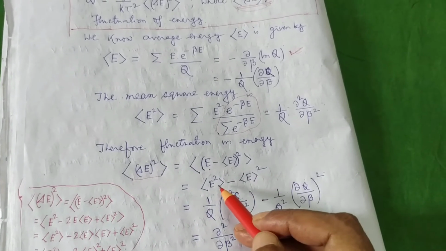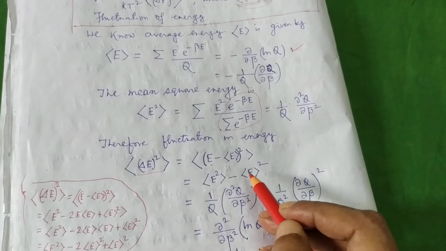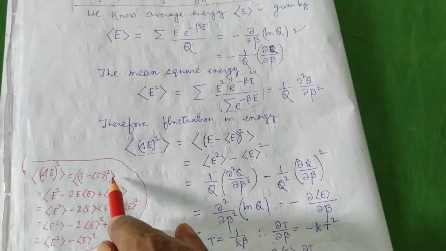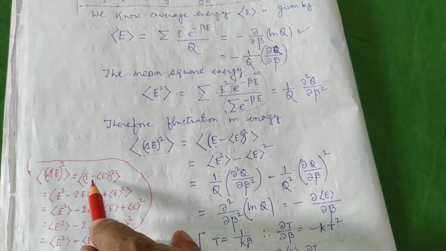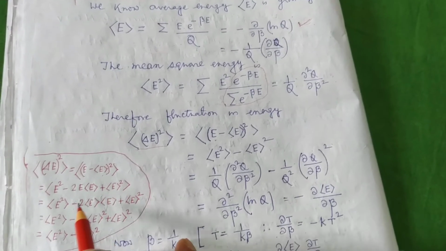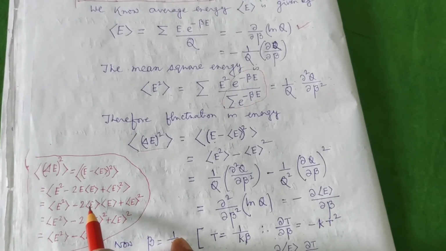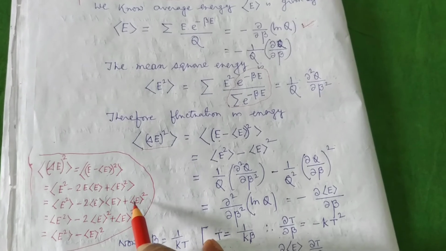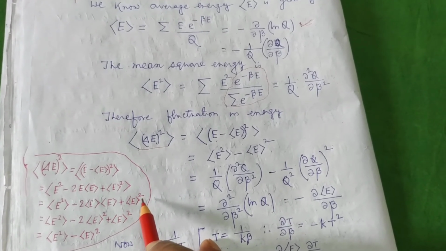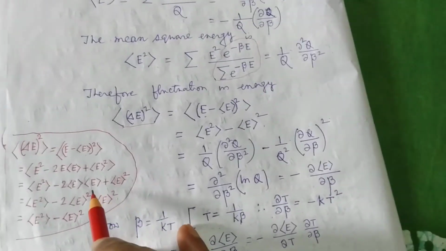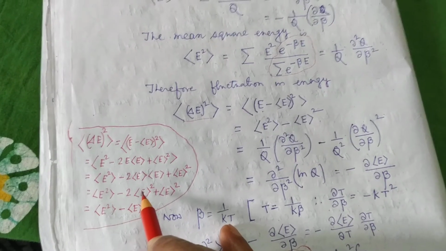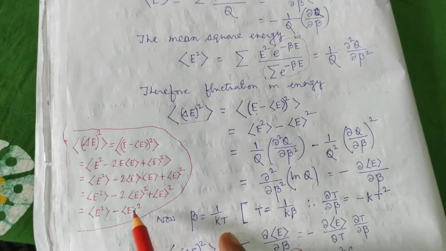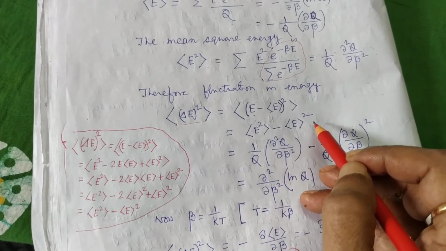Now how does this come? Using A minus B whole square equals A square minus 2AB plus B square, we get E square minus 2 E average times E plus E average square. Taking the average, this equals E square average minus 2 E average square plus E average square, which is E square average minus E average square. So this becomes like this.